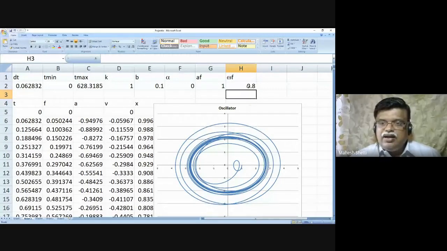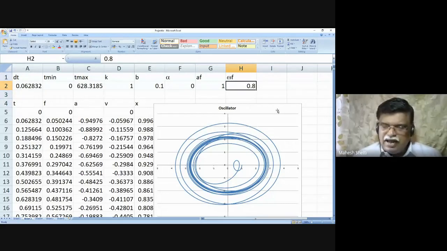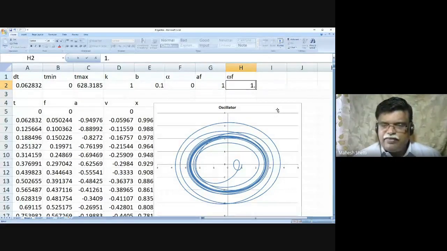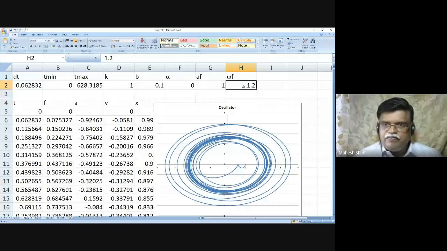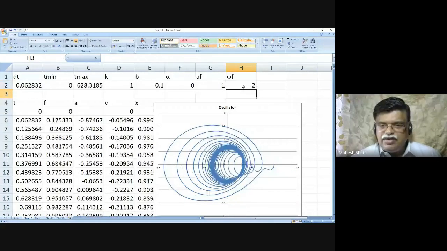Okay, and if I take it larger than the natural frequency of the damped oscillator, again you see it is slightly more than 2. If I take it to 2, double the frequency, you see there are going to be initial transients, and there is also damping. But ultimately it settles down on this particular ellipse.